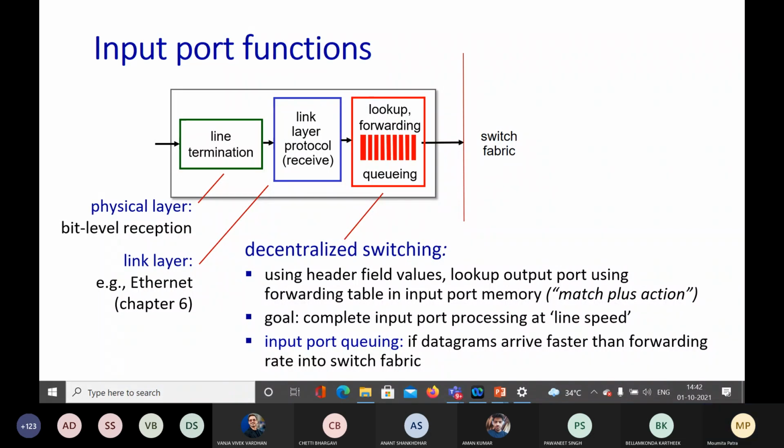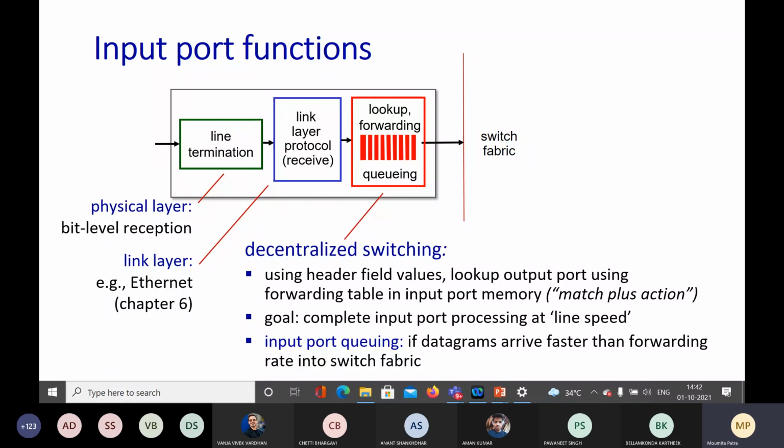Now, what's the goal for having all of this input port and the switch fabric? What should be our ultimate goal? The ultimate goal is that whatever speed is provided, which is known as the line speed for the input port, let us call it the capacity, because it is actually the capacity of this input port, right?